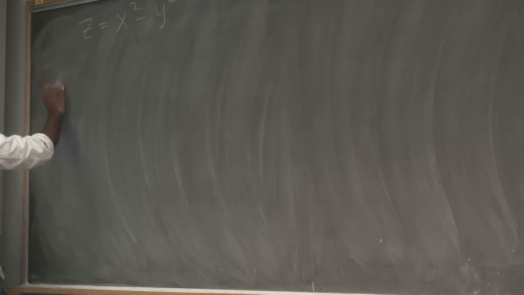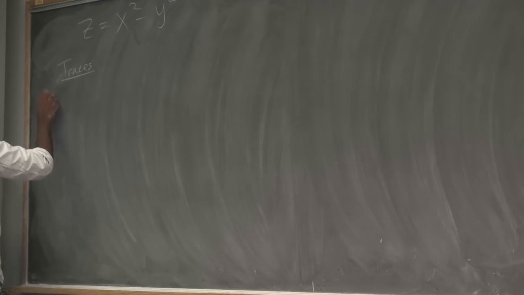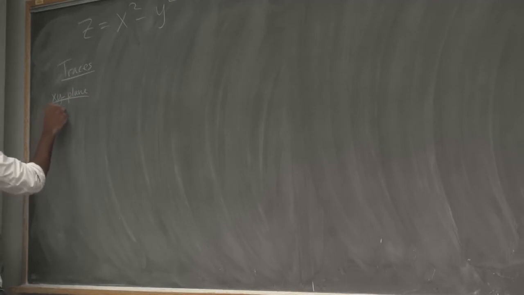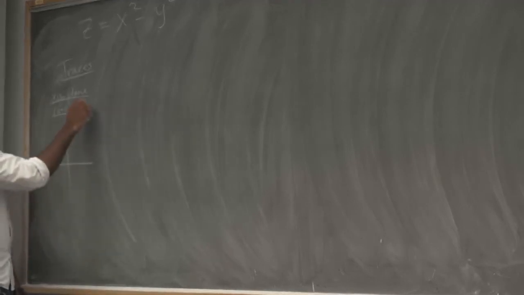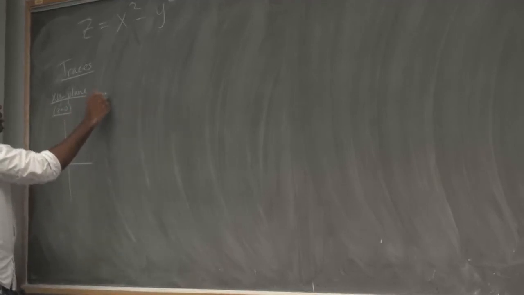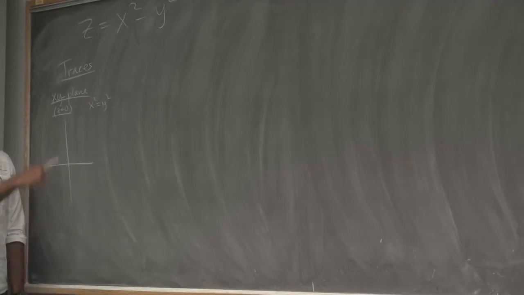Because you actually won't see it. Let's do the traces here. If it's a hyperbola on a certain axis, it wouldn't even hit z equals 0. In the xy plane, you have z equals 0, and then what would that actually look like? x squared equals y squared, which I actually asked you to sketch on one of the diagnostic tests. What does that look like?